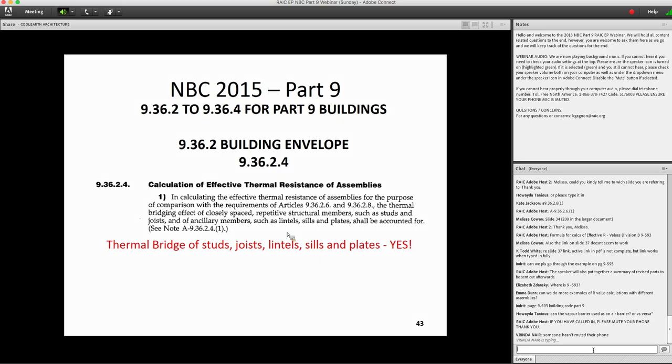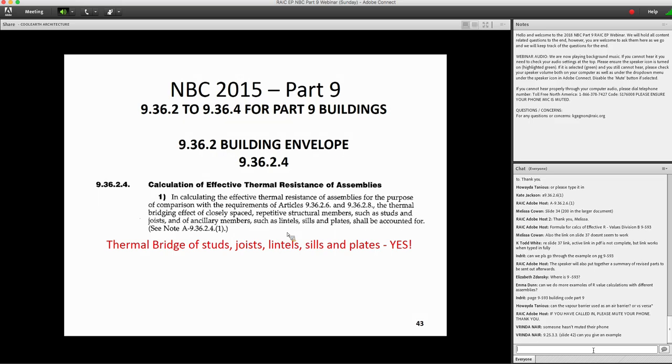Calculation of effective thermal resistance of assemblies, and this is where the code does require you to calculate. In calculating the effective thermal resistance of assemblies for the purpose of the comparison with the requirements, the thermal bridging effect of closely spaced repetitive structural members such as studs and joists, and of ancillary members such as lintels, sills, and plates shall be accounted for.